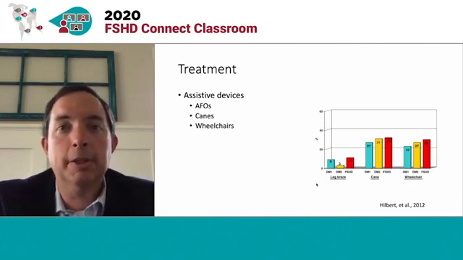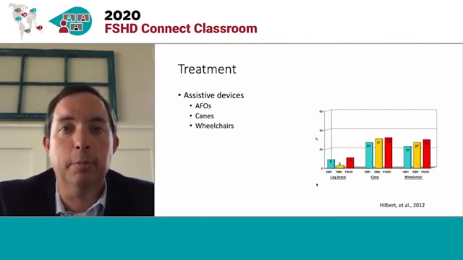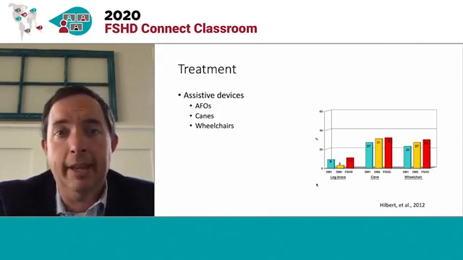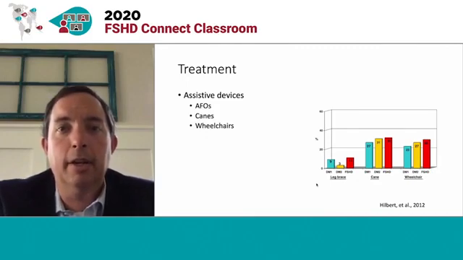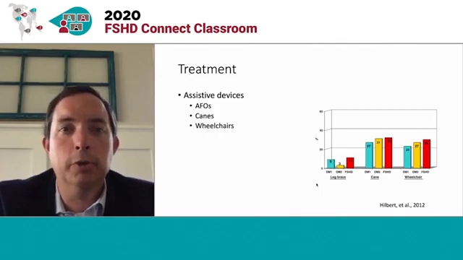So when we see that people are tripping or even if they're falling, we'll often recommend ankle foot orthoses to help prevent that from happening, and that will prolong your ability to walk for as long as possible. Canes, similarly, can be quite helpful in terms of stabilizing these things. And then finally, in some people, you'll need a motorized wheelchair or a scooter to help get around.